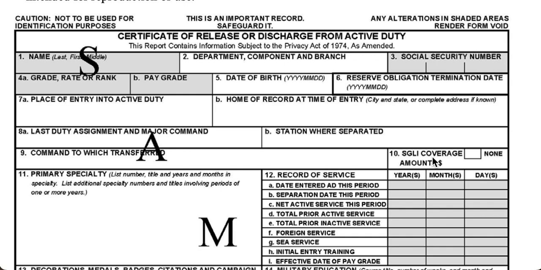So we could also say this certificate of release, which is a species of discharge, is the instrument by which the binding force of the contract is terminated. So this certificate itself is a discharge. And they also tell you, as I said before, a release is a species of discharge. This certificate of release is a discharge, but it calls it that, a certificate of release or discharge from active duty.